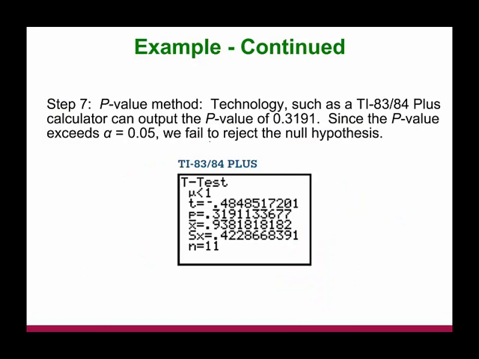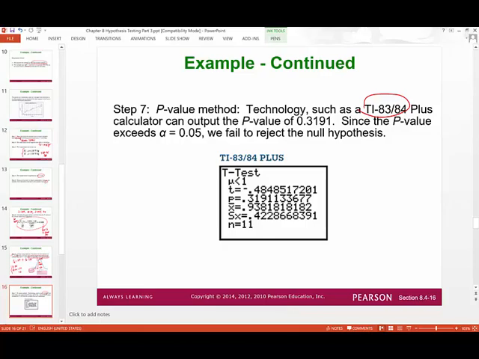And then the p-value method, you can use the TI-83/84. You can also use Excel to get that. If you're using Excel, let me show you how to find this probability in Excel.